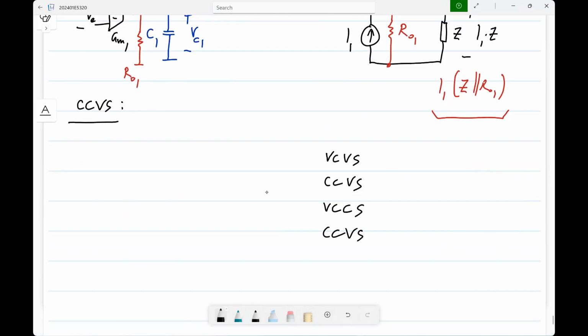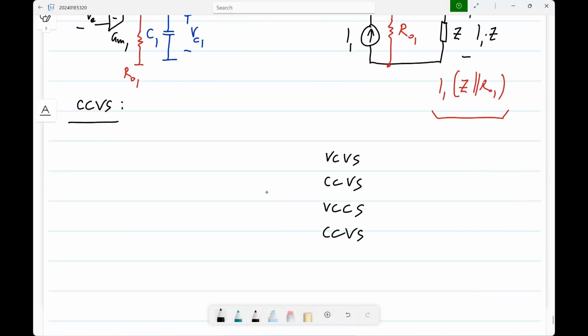Now, any amplifier or circuit that you take, if it has two terminals, obviously it will have some input current and input voltage. You can always refer to any quantity that you want, either the voltage or current, as input, and call it a control source. Can you do that?